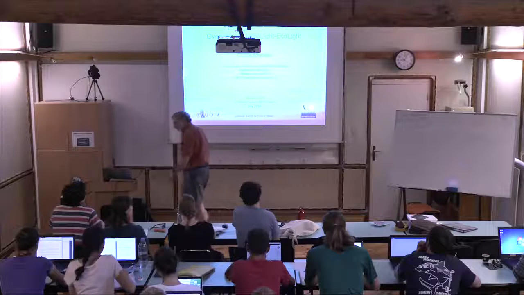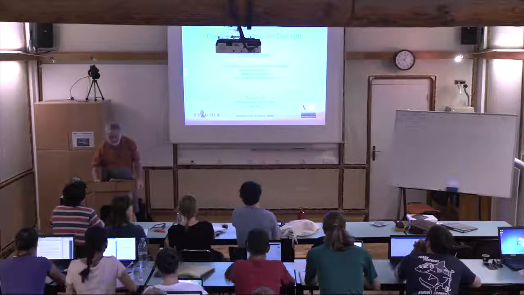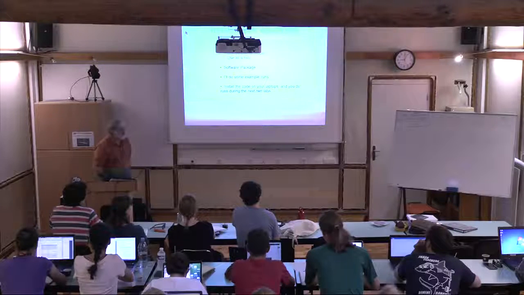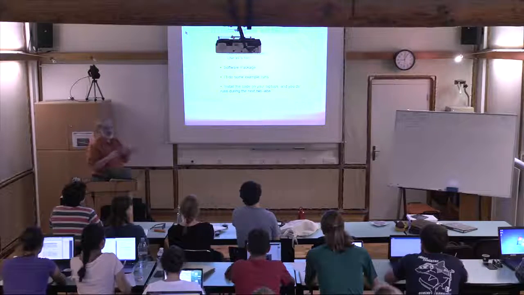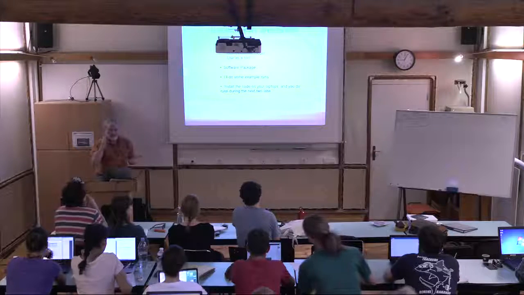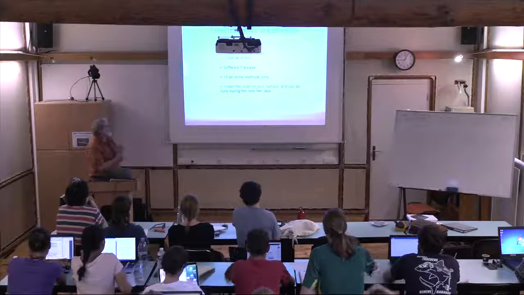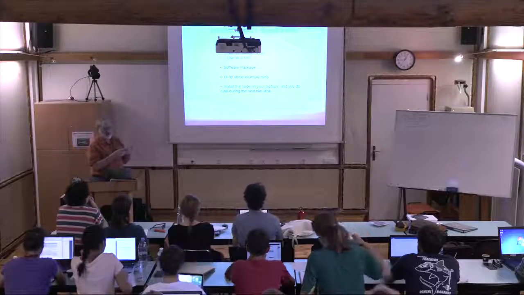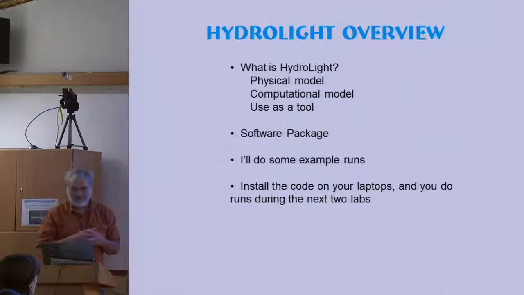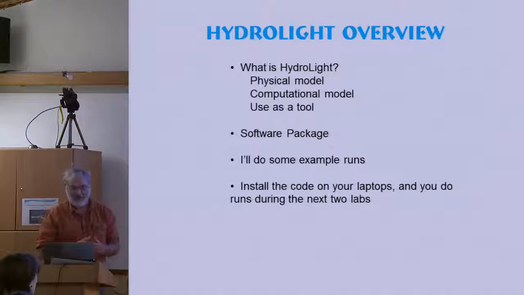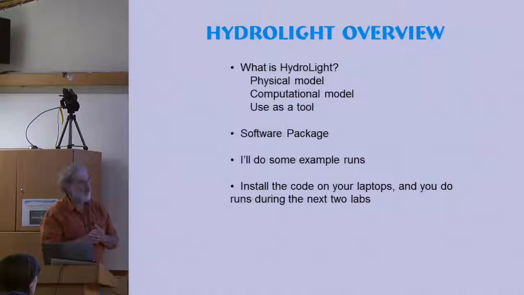Okay, so let's get started then and take a look at what Hydrolight is. With any software that solves the radiative transfer equation or does anything else, there's usually a physical model, that is, what problem are you solving physically. There's a computational model, which is how do you actually do that, and then we'll talk also about how you actually use this thing.